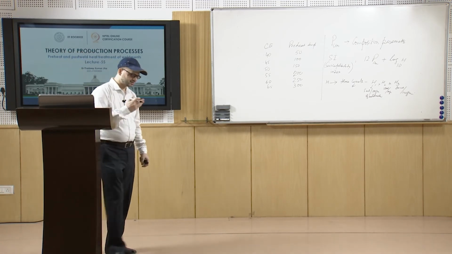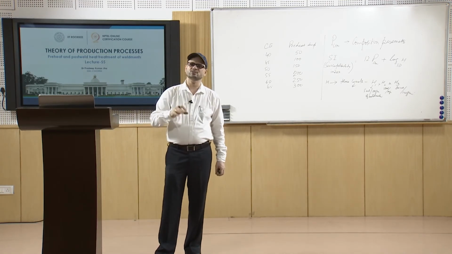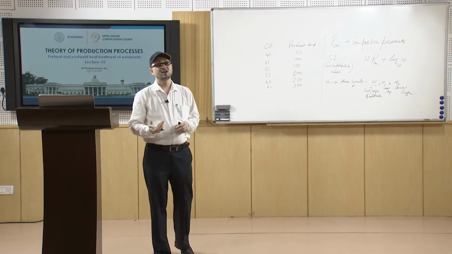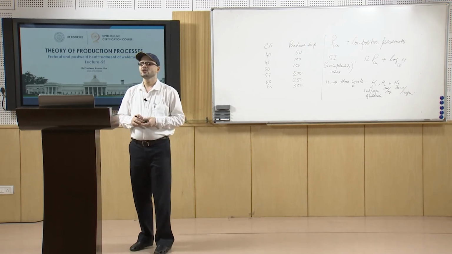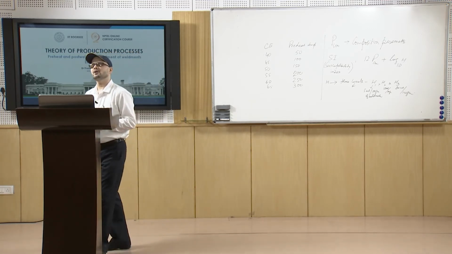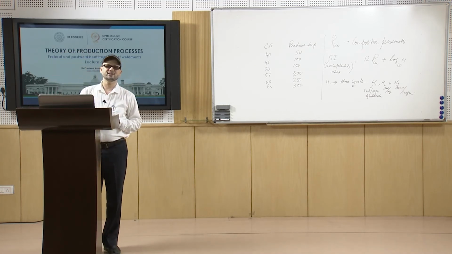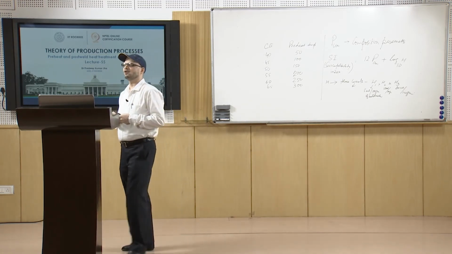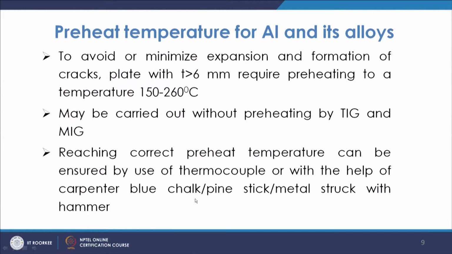Now, as we discussed, in the case of aluminum, deciding whether the actual preheat temperature has been reached is difficult because aluminum does not show any change in color. So, experienced welders judge by experience. Either you can use a thermocouple, or you can use carpenter's blue chalk, which will turn white at the preheat temperature.